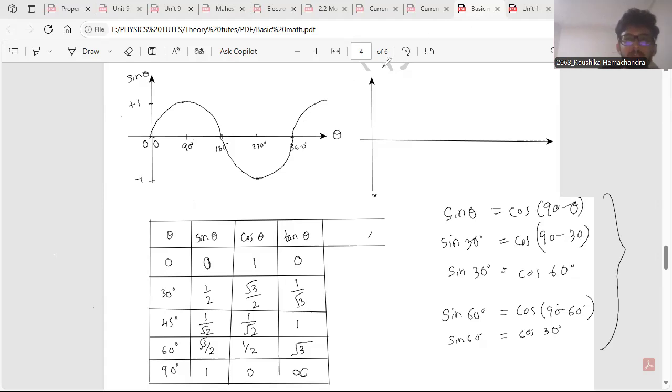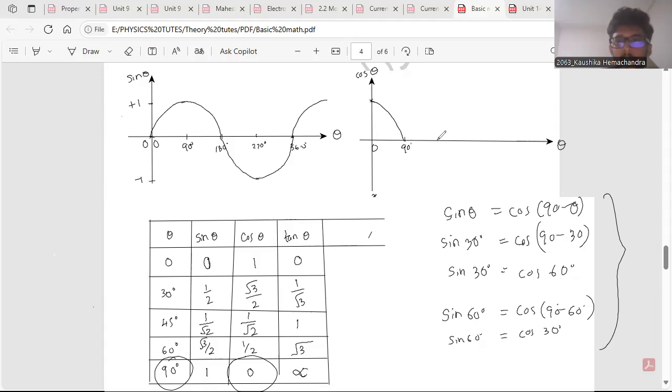Cos theta graph starts from where? When theta is 0, cos theta is 1. You can use the table. So it starts from 1 and goes to 0 at 90 degrees.